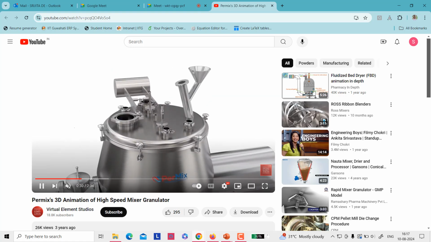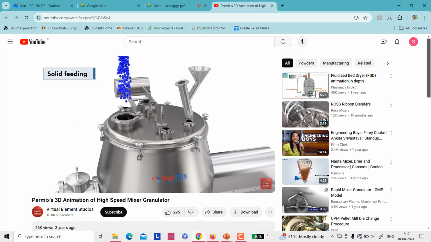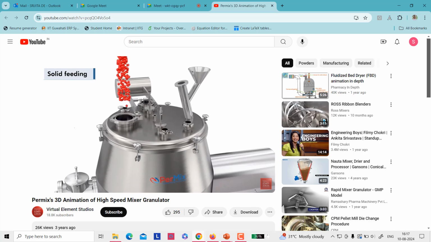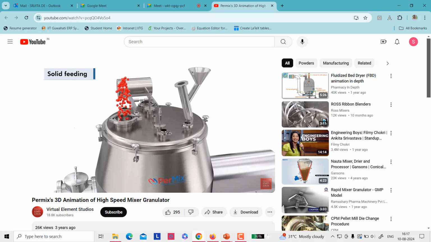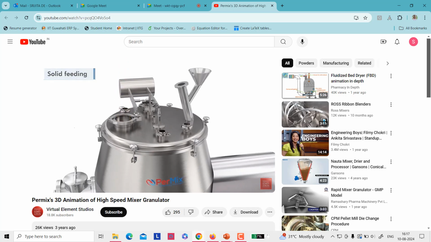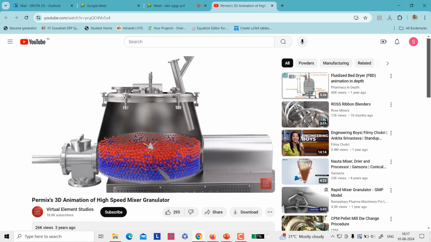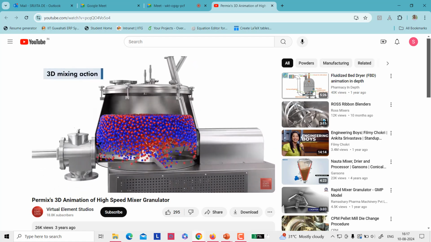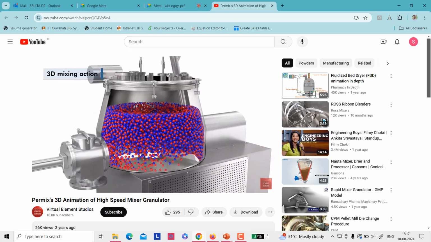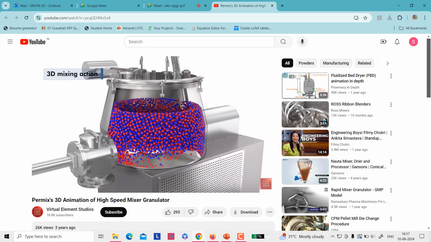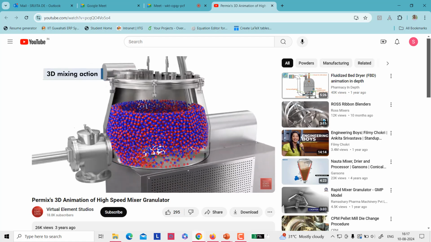What is happening? Solids are fed here. Different types of solids are fed from this top portion. Then they are mixed with each other, mixing homogeneously.